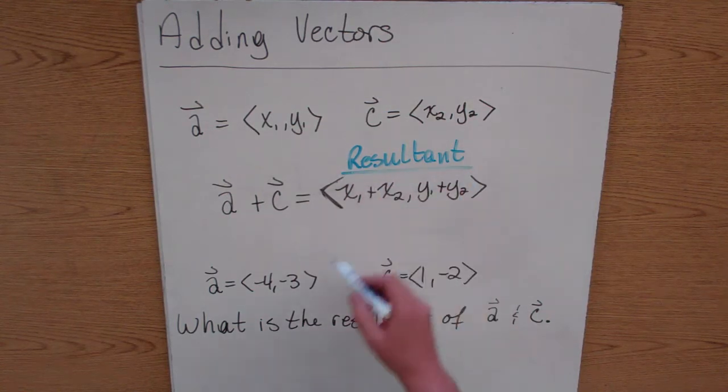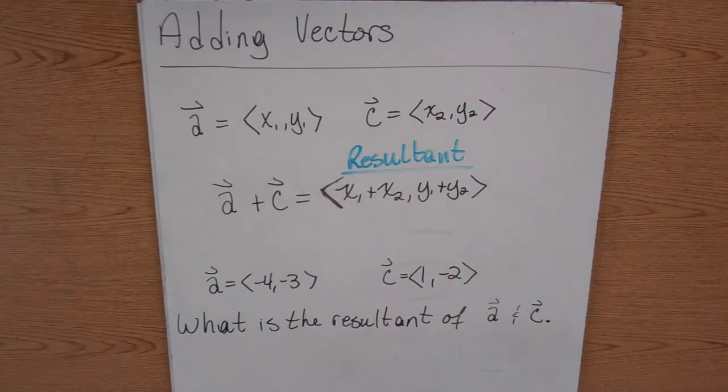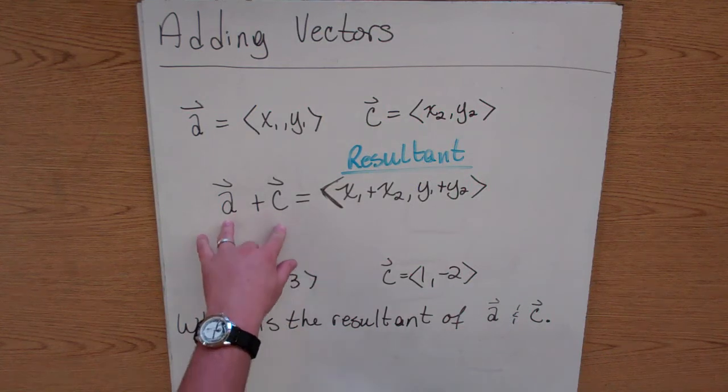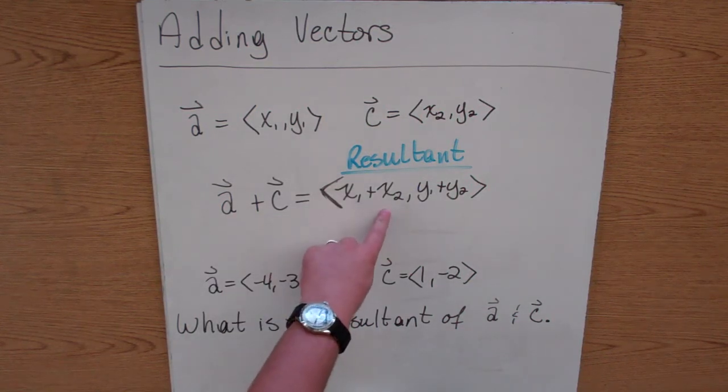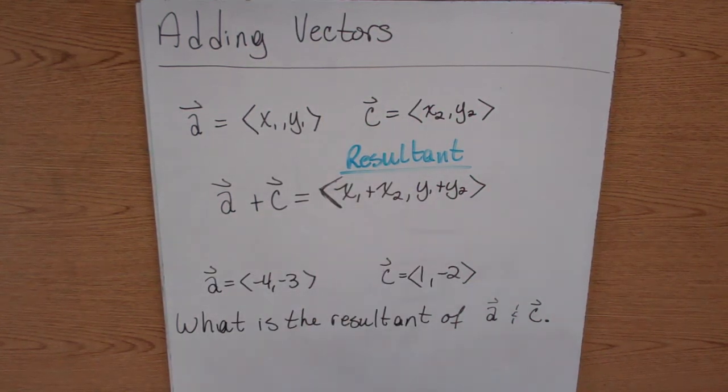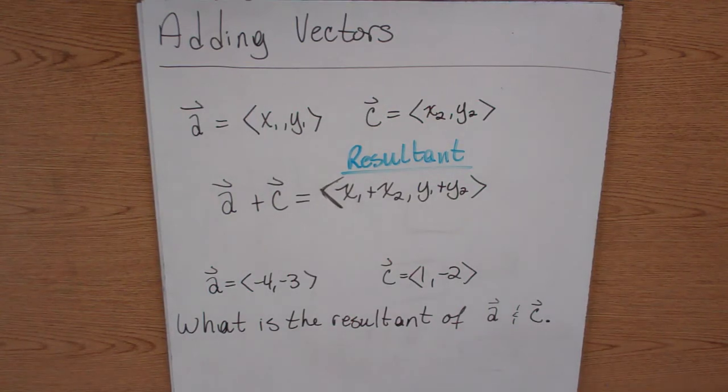All right, that was one of your vocabulary words. The resultant is the sum of two vectors. So the resultant of A and C is simply x1 plus x2, comma y1 plus y2. So you just add the x's together and add the y's together. We've done that before. That's not too bad.